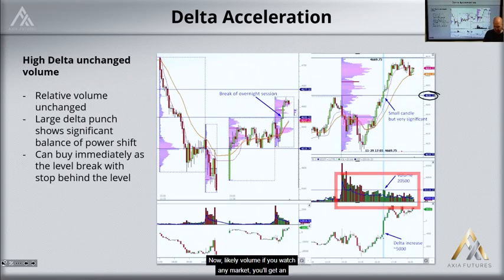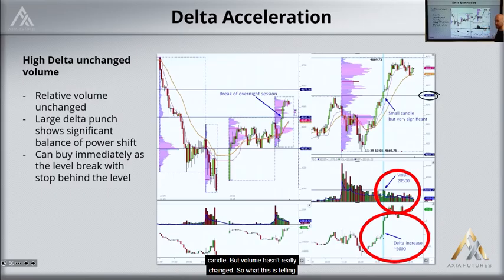Now, like with volume, if you watch any market, you'll get an understanding of what's a significant amount. S&P increase in delta by about 5,000 is quite significant. You're rarely going to see delta on the day, so total cumulative delta in the S&P, you'll rarely see that above 50,000. So effectively 10% of the day's delta has been done on this one candle, but volume hasn't really changed.